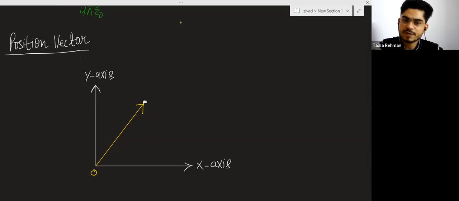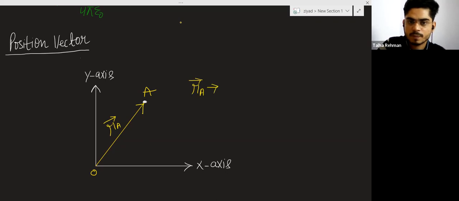If this is a point A, then you will say this is r suffix a vector, and r suffix a vector will be the position vector of point A. Nothing more is there in the position vector.